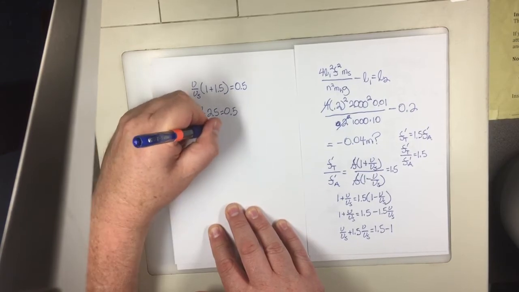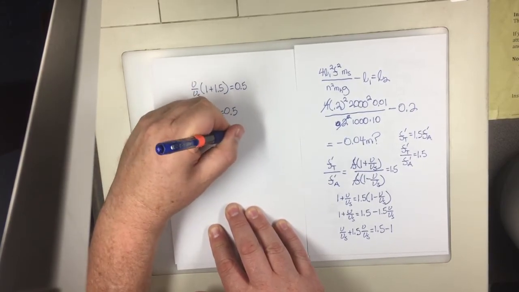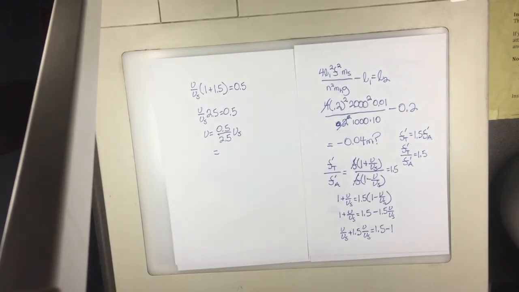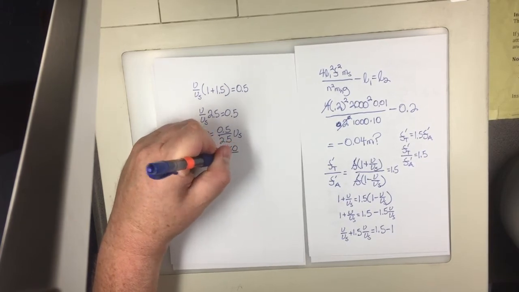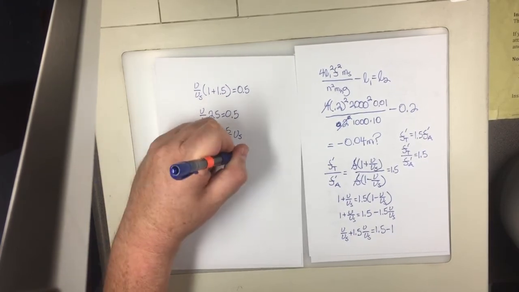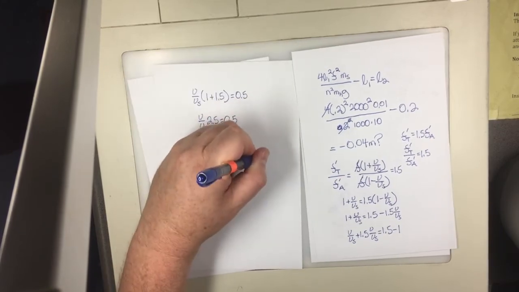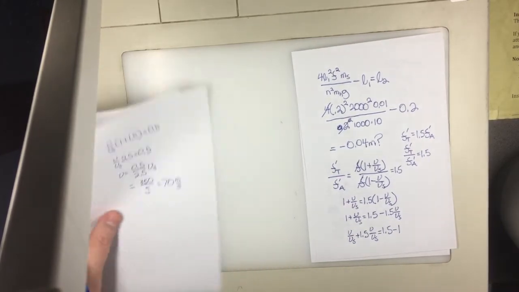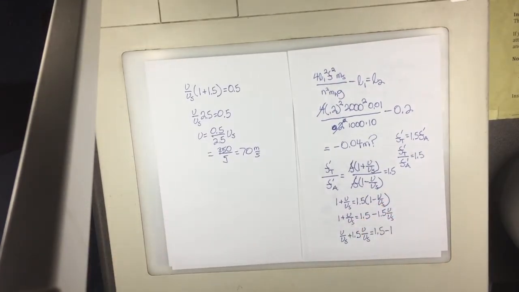So V is that. So this is that the velocity of sound, 1/5 of that is the velocity. So it's 350 divided by 5. So it's 70 meters per second. And that's the velocity of the object.